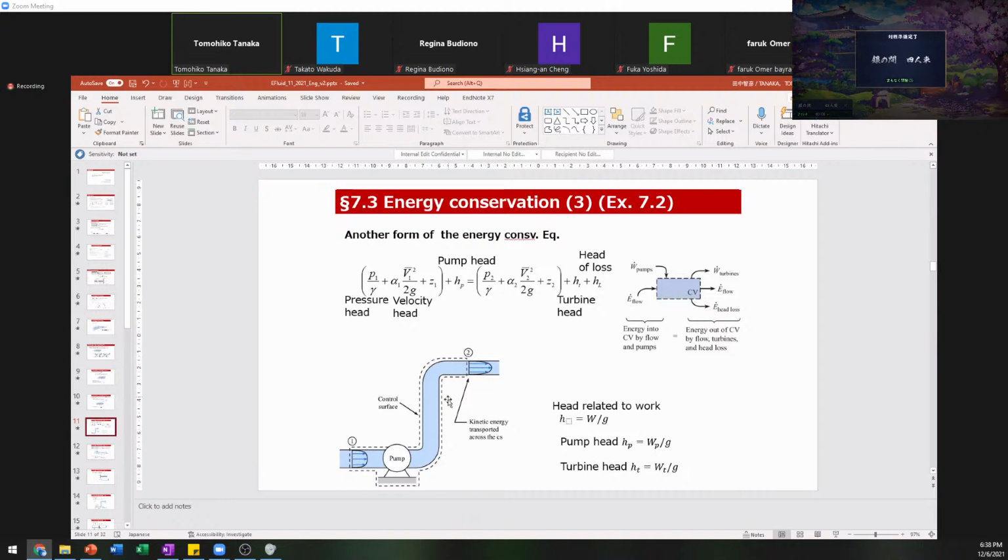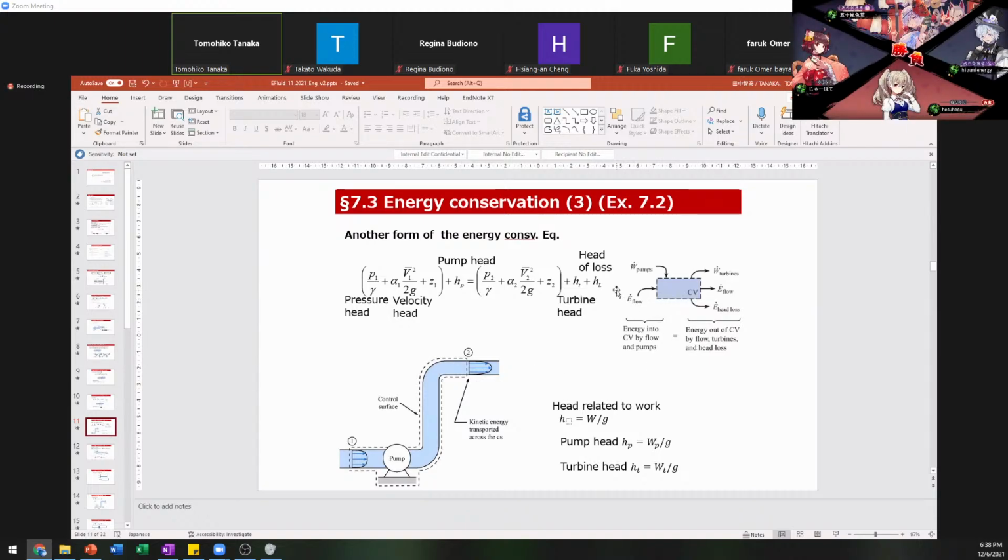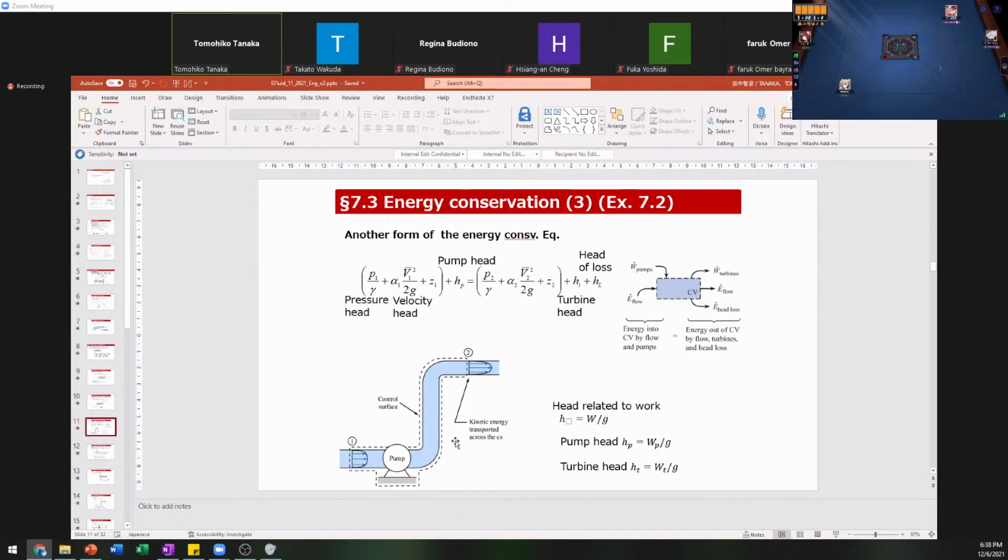Because this is a pump, it works into the flow, right? And then loss, such as friction, reduces the energy. And turbines are work outward, okay?